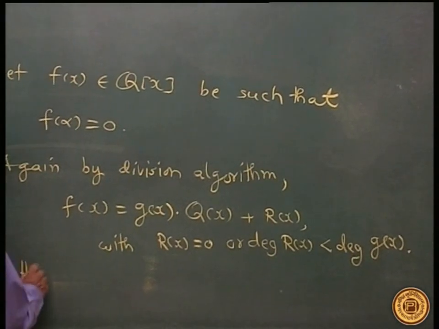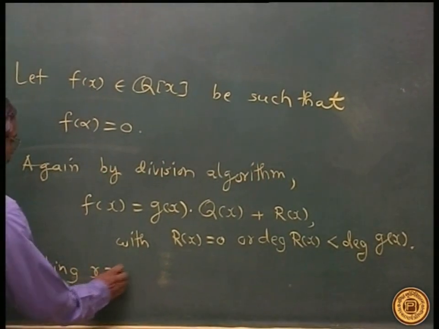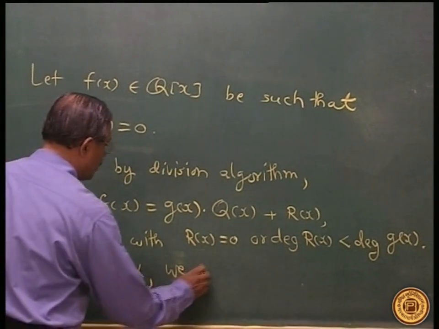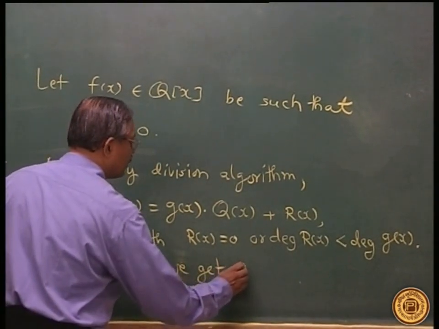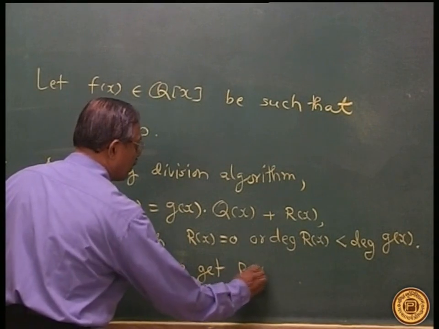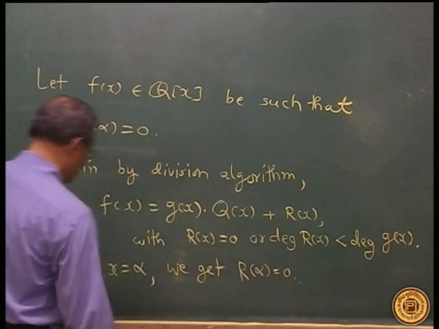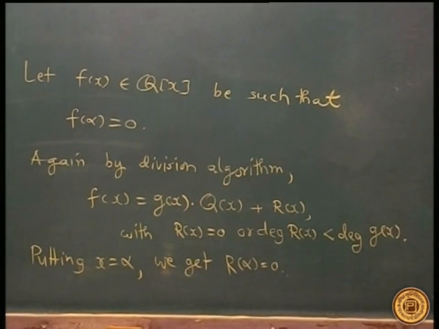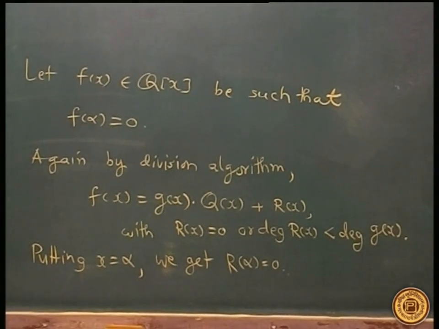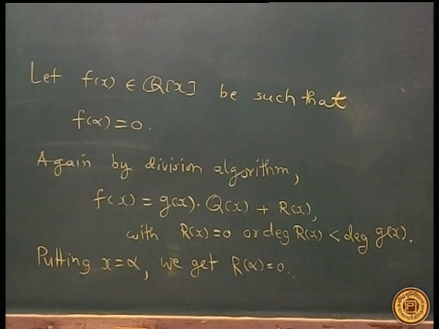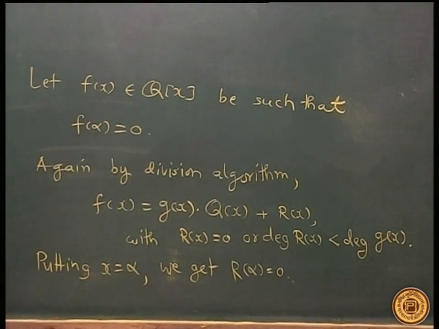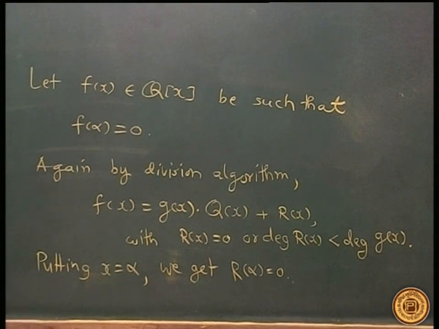Putting x equal to alpha, we get R alpha equal to 0. Since Gx is a polynomial of smallest degree satisfied by alpha, we see that this Rx must be 0 polynomial.